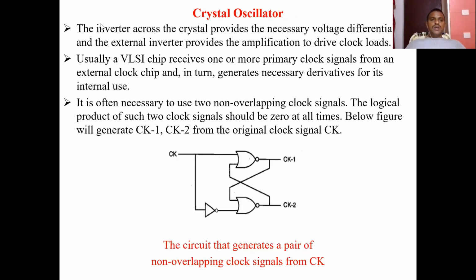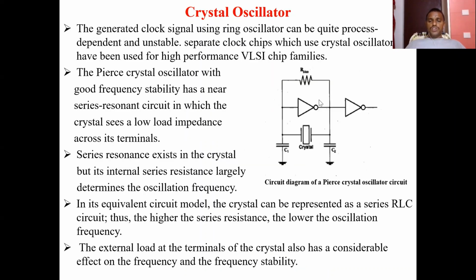Now, the inverter across the crystal provides the necessary voltage differential, and the external inverter provides the amplification to drive the clock loads. Suppose you have two inverters; the external one is used to drive the inputs that we are going to connect.